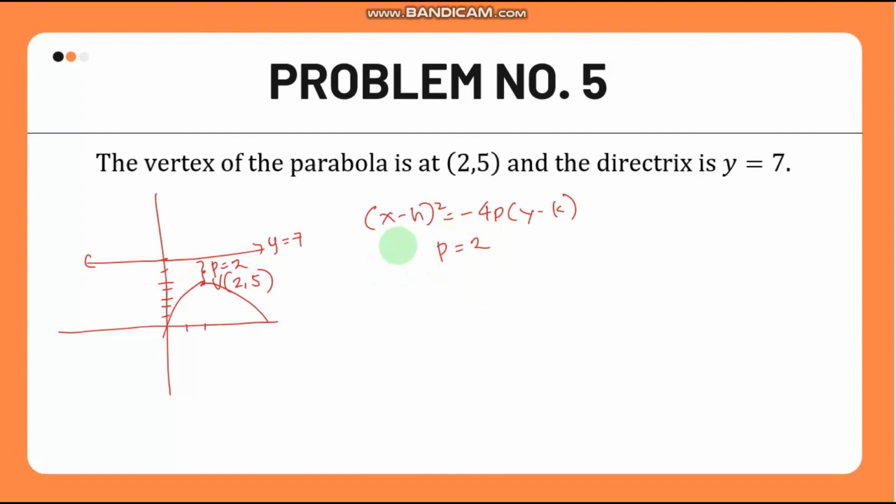Okay? Then, our h is 2. The k is 5. Substitution, x minus 2 squared equals negative 4 times p, which is 2, times y minus 5. So, we have x minus 2 squared equals negative 8 y minus 5. So, that is our equation. X minus 2 squared equals negative 8 y minus 5.